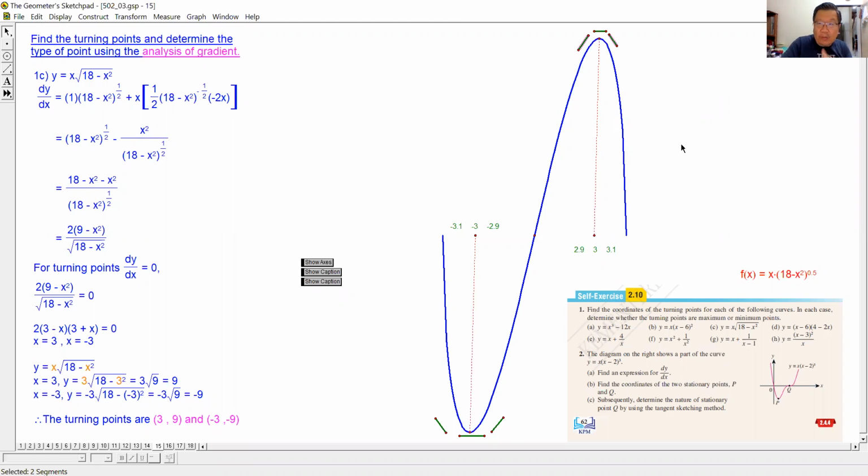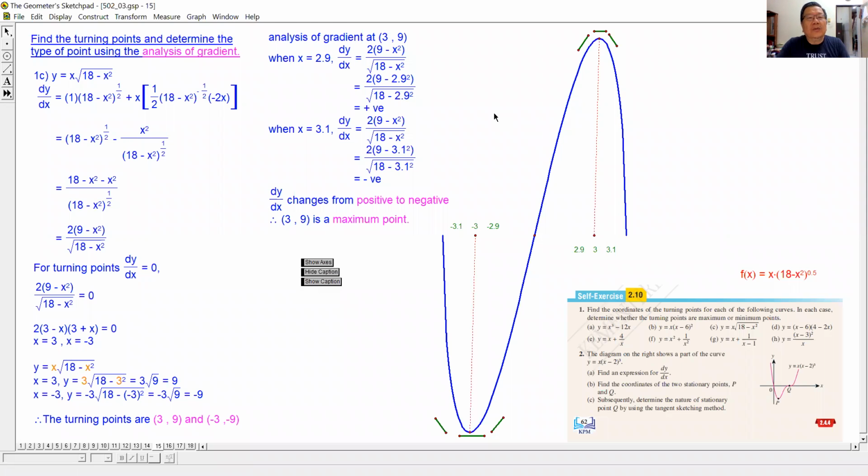So this is what I'm going to do. I want to analyze the gradient at the point (3, 9). In order to get the gradient around this point, I take 2.9 first. You have to take the smaller value first.